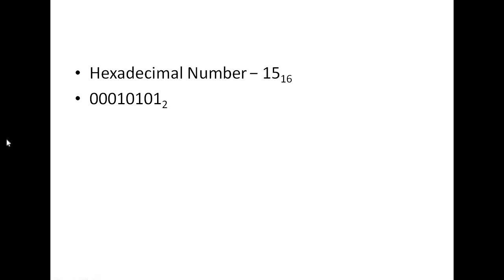So 1 means 0001, and 5 means, we know, 101, but I can write it in 4 digits, so I add one extra 0: 0101. This is the corresponding binary number of the hexadecimal number 15: 0001 0101.